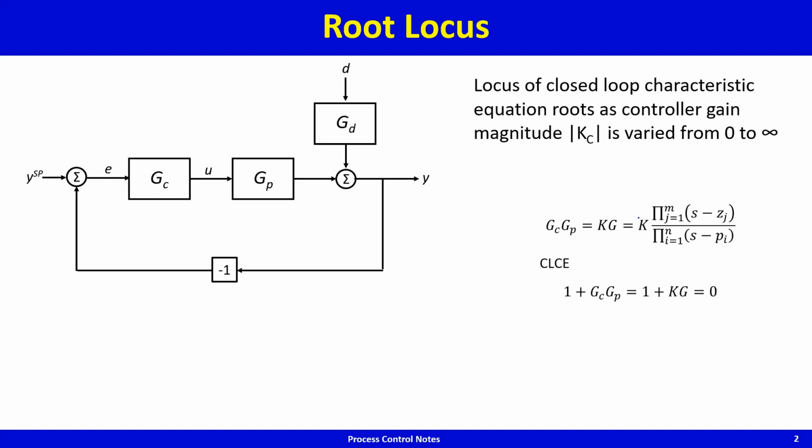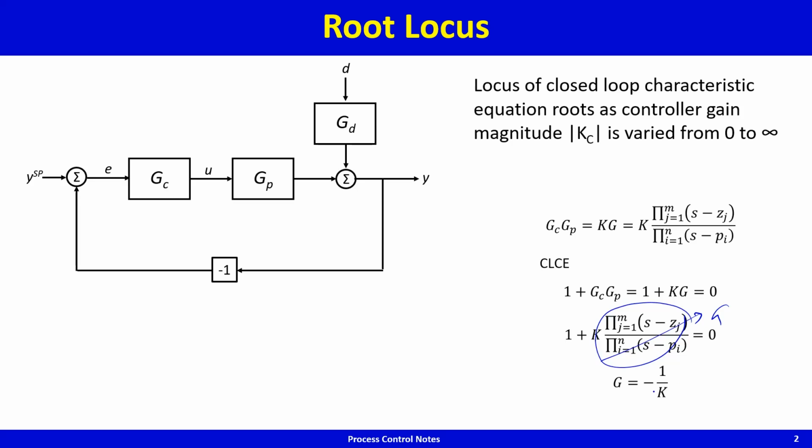The closed loop characteristic equation is 1 plus GcGp, which is 1 plus Kg equal to 0. What that means is 1 plus K times the product of (s minus zeros) divided by the product of (s minus poles) must be equal to 0. This is g, by the way, without the K. What that means is g should be equal to minus 1 by K.